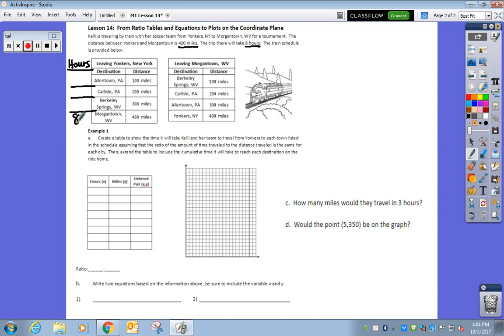To get the 8 hours to 400 miles, I can divide that and then see how long it's taking. Another thing I can do is, since it's 8 for the whole thing, I can take 8 and divide it by the 1, 2, 3, 4 spaces that there are, and 8 divided by 4 is 2. So if you think about it, I'm going 2, 4, 6 hours, since the miles are consistent at 100, 200, 300, 400.